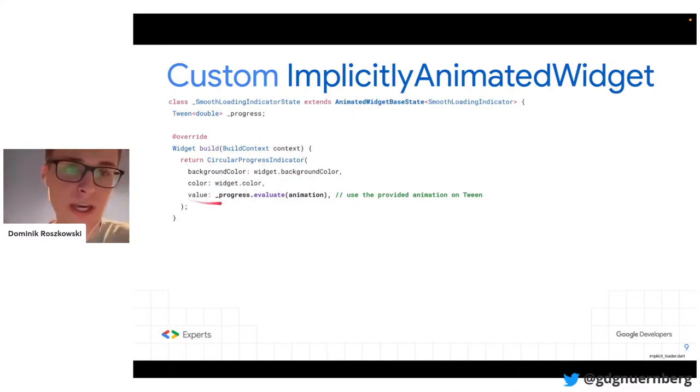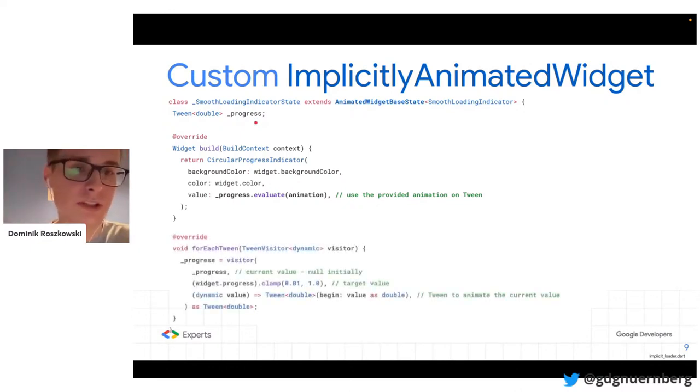And then we have a tricky thing where we have this tween here, and we're going to talk about tweens in a second. But a tween is just a class that allows us to interpolate between two different values. I think in a Jetpack Compose talk, tweens were also mentioned, and this is a very similar concept.